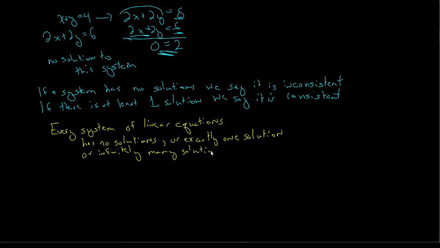As soon as you parameterize a solution and that parameter works consistently, then it will have infinite solutions because that parameter can go to infinity. So what we're going to do here is take a system of equations in its most general form.